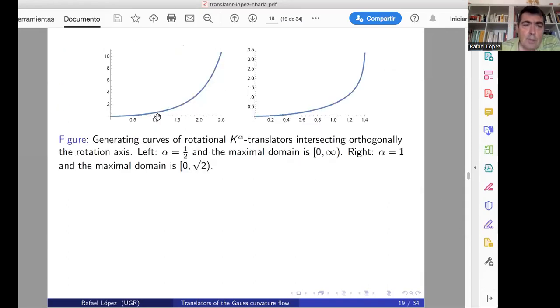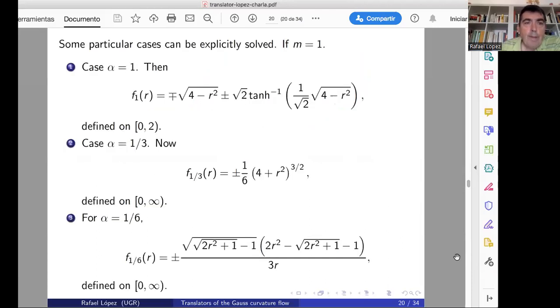This is some picture when alpha is 1/2, okay? In this case, the function is defined in R, this is infinity, and when alpha is 1, the domain is finite. In this case, when the surface intersects the rotation axis, it's possible to obtain an explicit solution for other constants alpha.